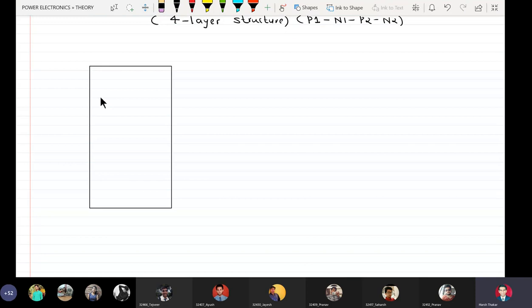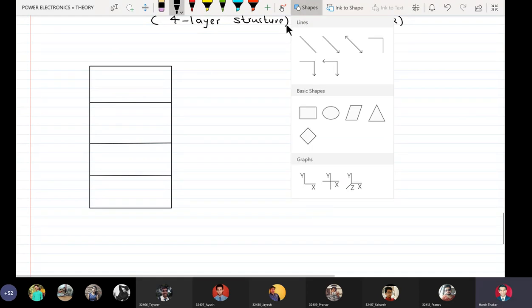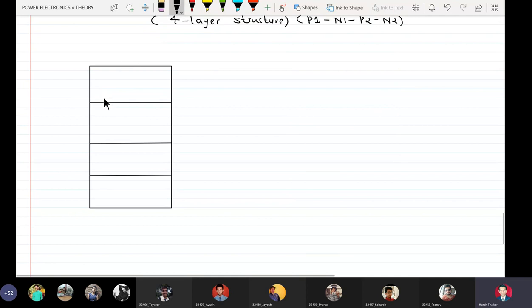For the sake of simplicity and discussion, we will draw all 4 layers with equal width. The layers P1, N1, P2 and N2.